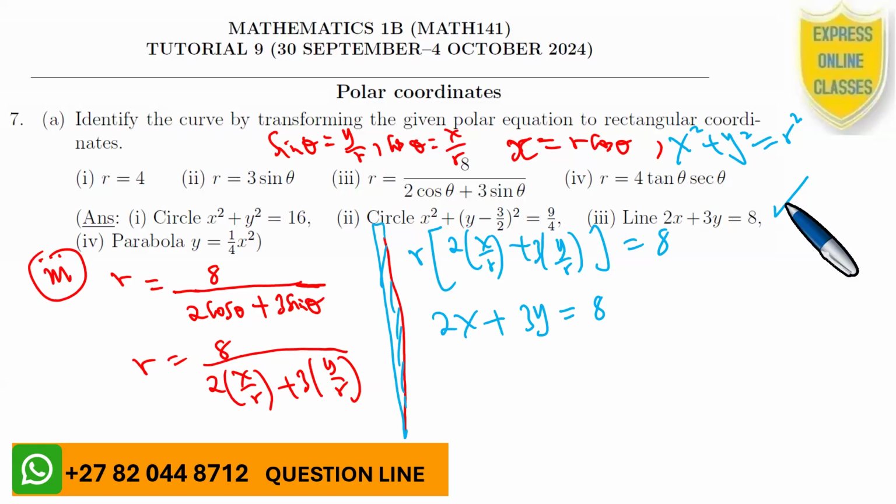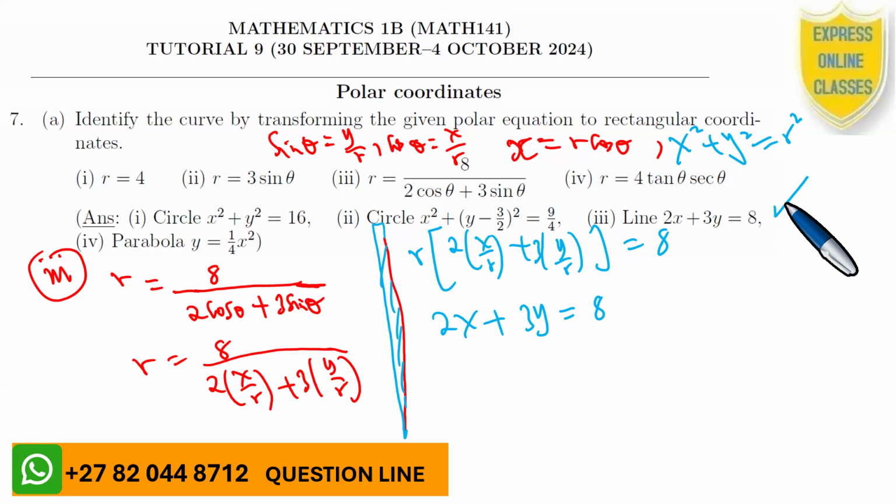Okay, we're already done. So we have been able to show that the Roman figure 3, r equals 8 divided by 2 cosine theta plus 3 sine theta, is actually a straight line.